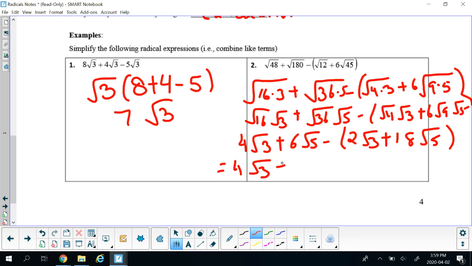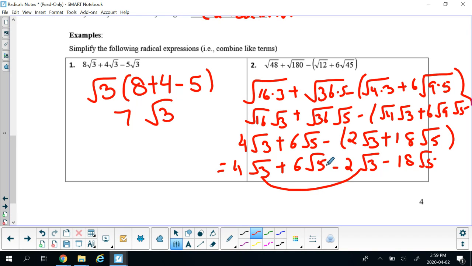So let's simplify all these terms here. So let's open this bracket first. When you open this bracket, because there is a negative sign in front of the bracket, the signs inside the bracket will switch. So it becomes negative 2 square root 3, negative 18 square root 5. So here if you see, square root 3 and square root 3, these two are like radicals. So we'll solve them together.